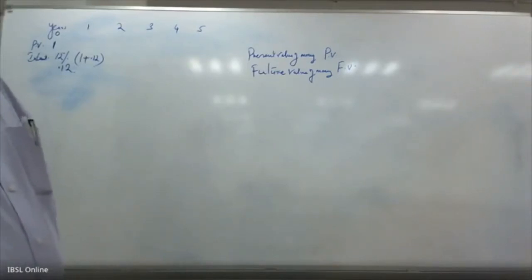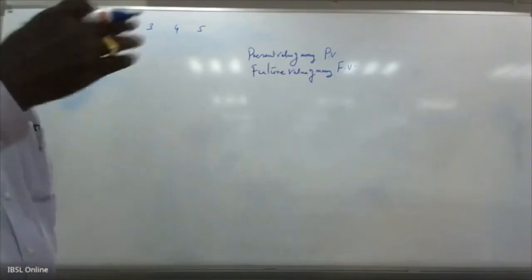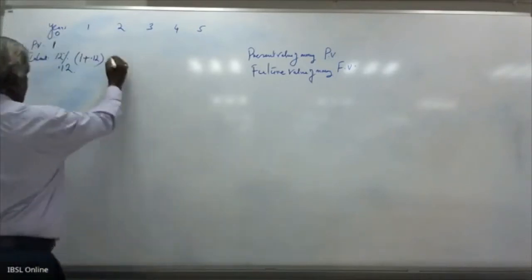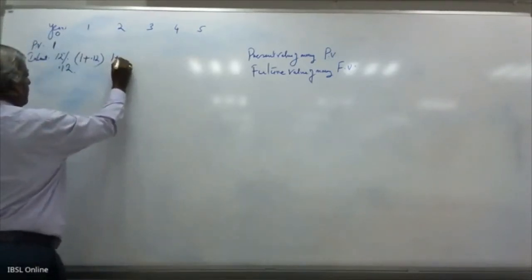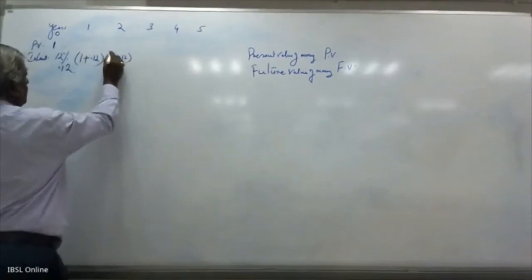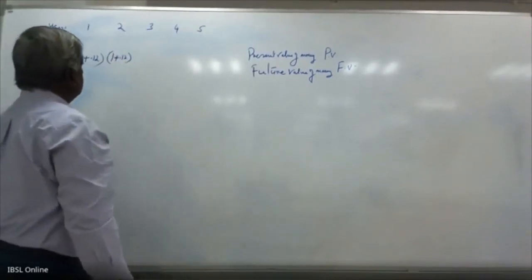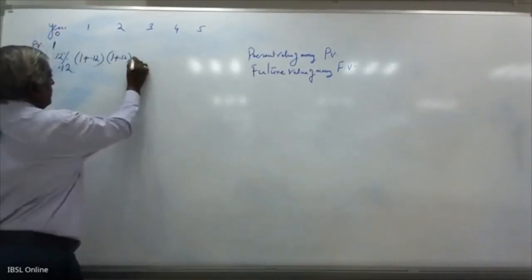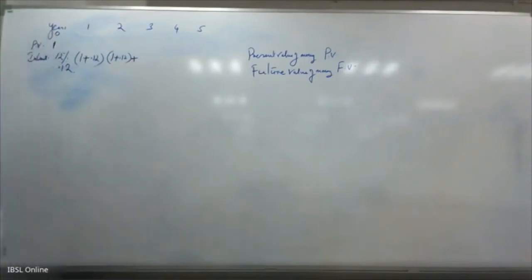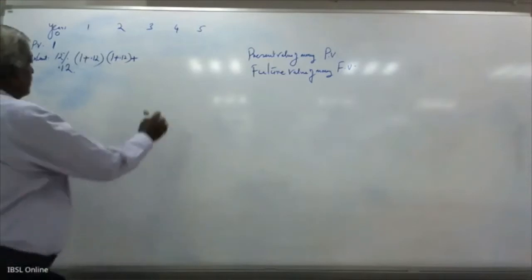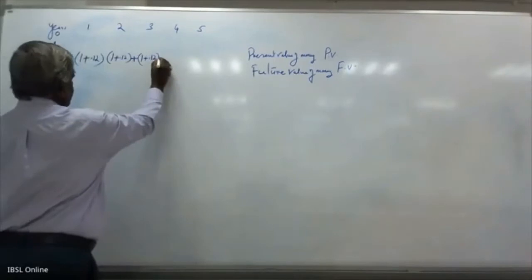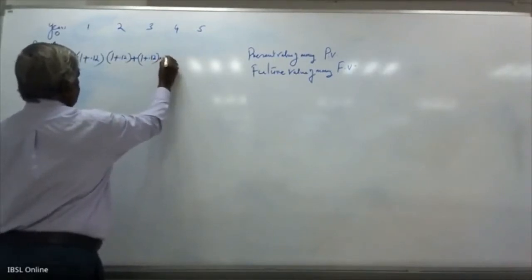Now, the automatic renewal. So this is going to be the capital for the following year. How much you will get? You will get the capital, 1 plus 0.12, plus interest from this capital. So that is 1 plus 0.12 into 0.12.